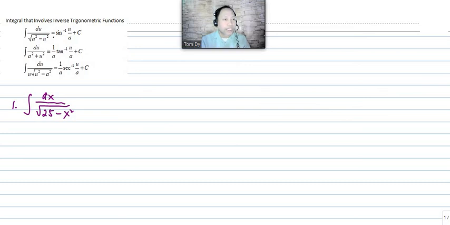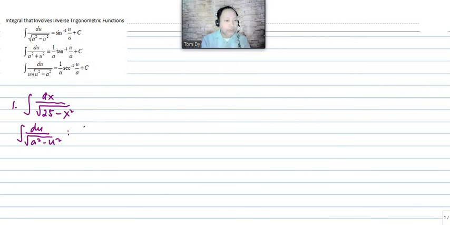But if we apply this formula, we have to check our u. So, I will be applying du over the square root of a squared minus u squared. Of course, before I use this one, I have to check my u.